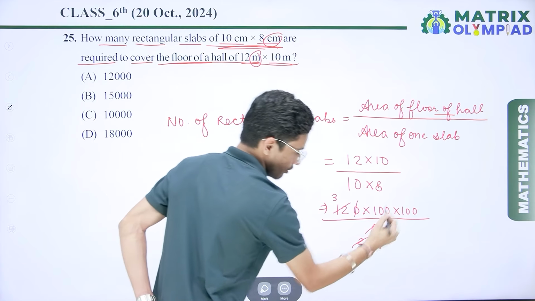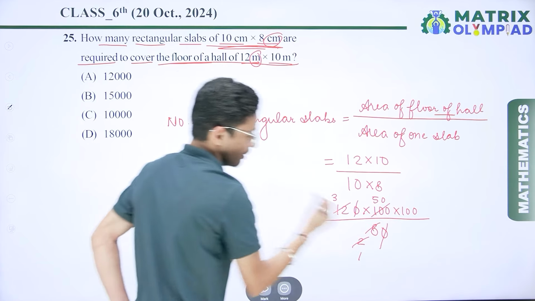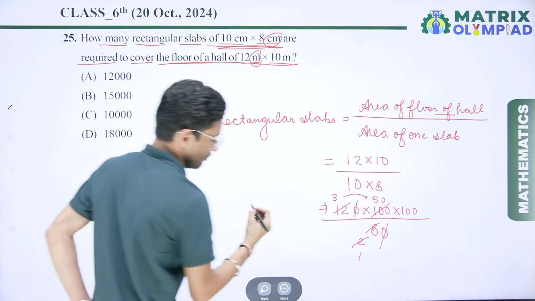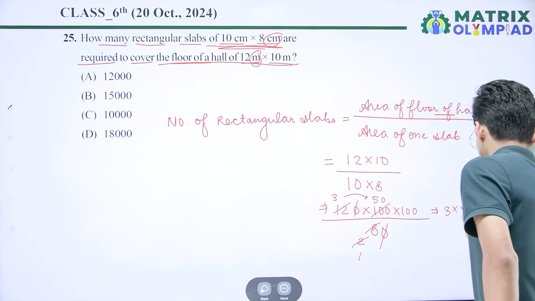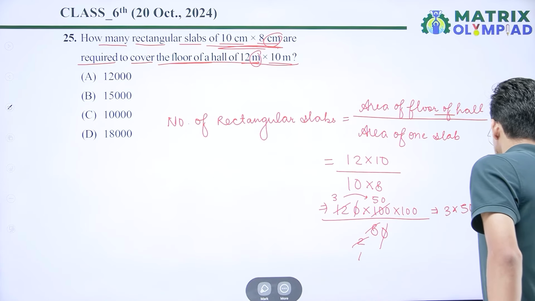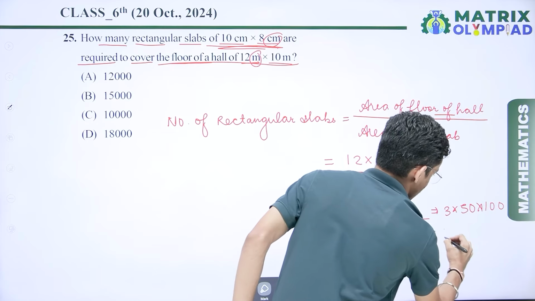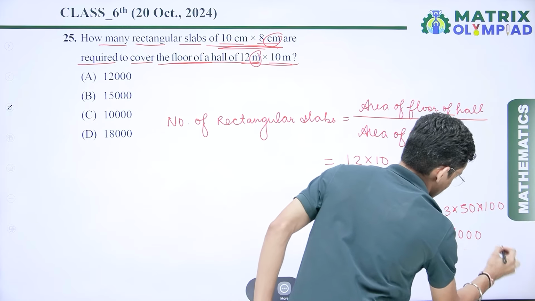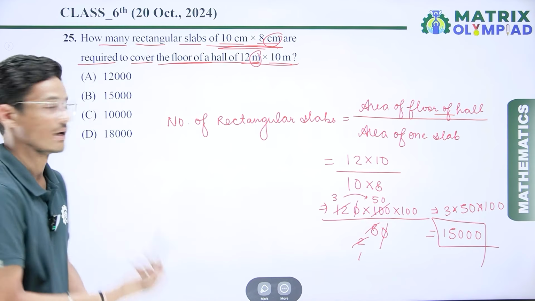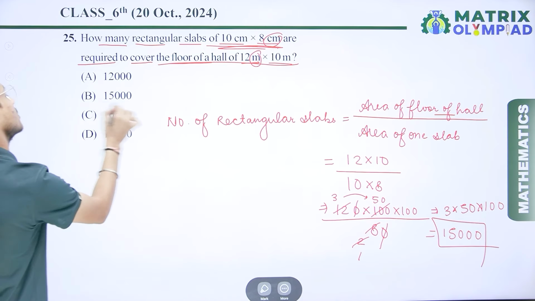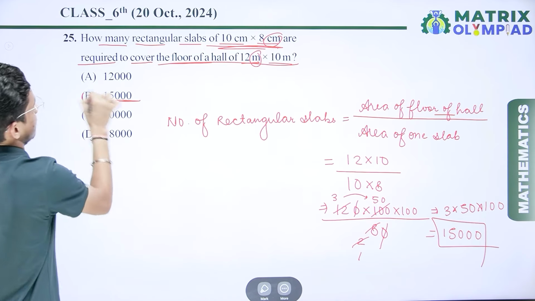So 2 1s are 2 and 250 is 100. So 5 3s are 15. So here we have 3 multiplied by 50 multiplied by 100. Simply if I multiply here, I get 15,000. So the number of rectangular slabs required is 15,000. So check which option is correct. Here option B is the correct answer.